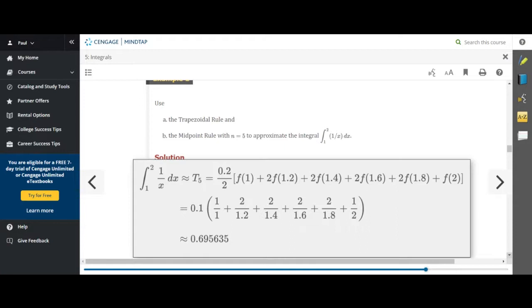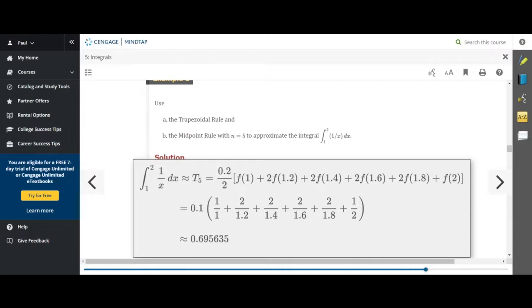So 2 times f of 1.2, and then 1.2 plus 0.2 is 1.4. And then 1.4 plus 0.2 is 1.6, and so forth, and then finally you end up with 2.